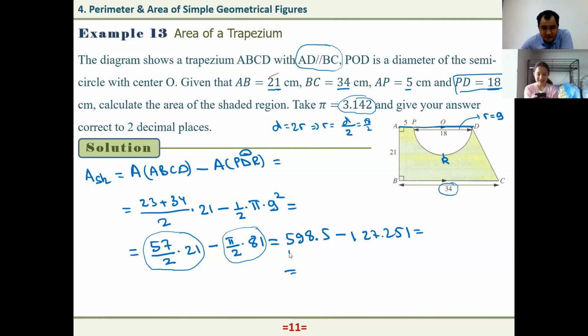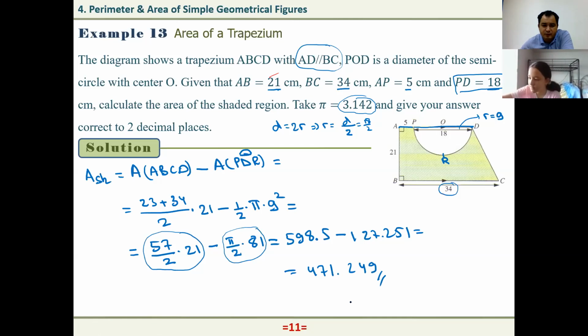Okay, clear everything. 598.5 minus 127.251. Oh, now it says 471.249. Oh, finally, 471.249. Is it like this? Yeah. So that is the right answer.